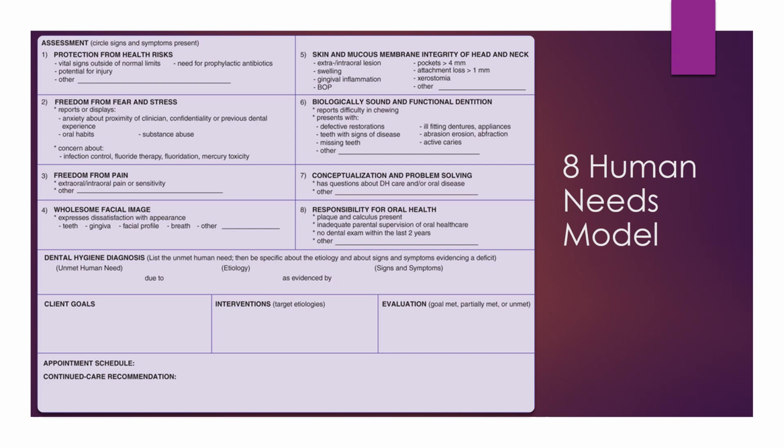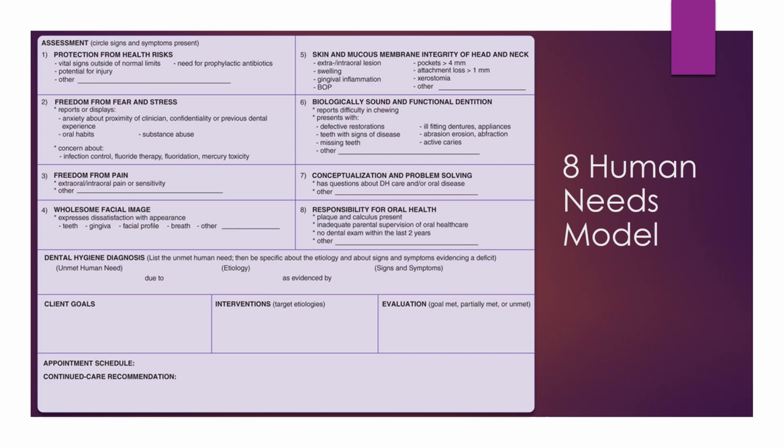Then I go down here to client goals. So what is going to be the goals of my patient? Like, what is the expected outcome? Well, the expected outcome is that I will demonstrate the proper technique of brushing for my patient and recommend a soft bristle toothbrush.